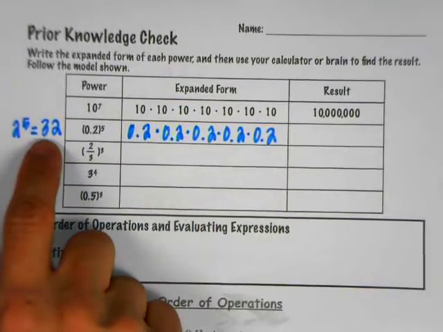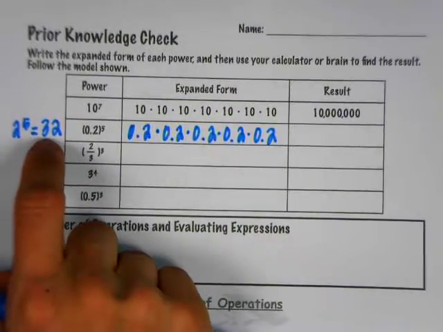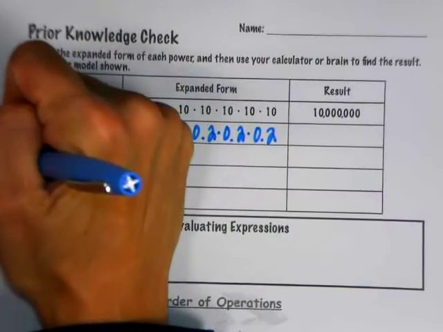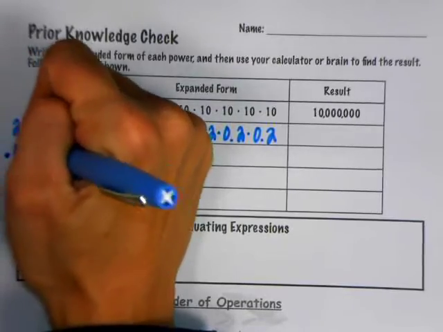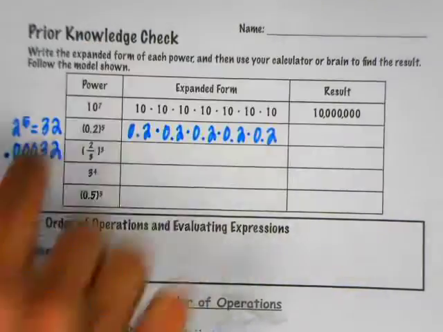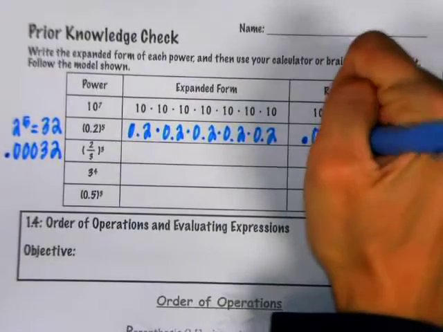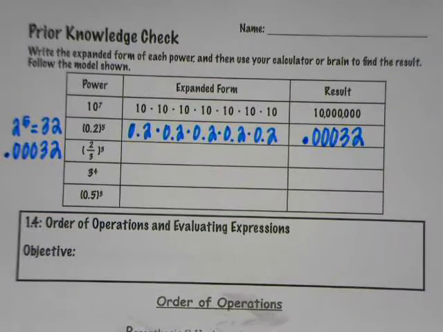So that means I need to have 5 total numbers coming after a decimal point here. If I need to add more numbers, what do I add? 0, yep. So I'm going to have my decimal point, and how many zeros do I have to add? 3, yep. So 3 zeros, and then my 3, 2, to make 5 total numbers coming after the decimal point. Okay? Make sense? Okay.